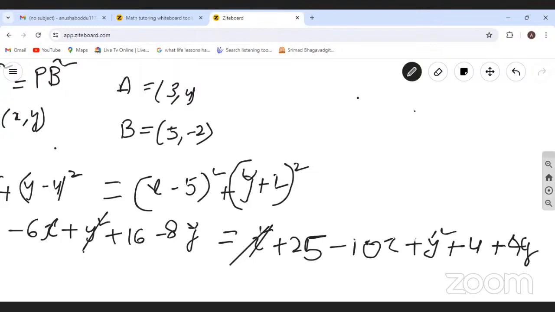After getting x minus 3y minus 1 is equals to 0, they're asking us to find the area of triangle PAB is 10 square units. So what is the area of triangle formula? I think you have learned yesterday.